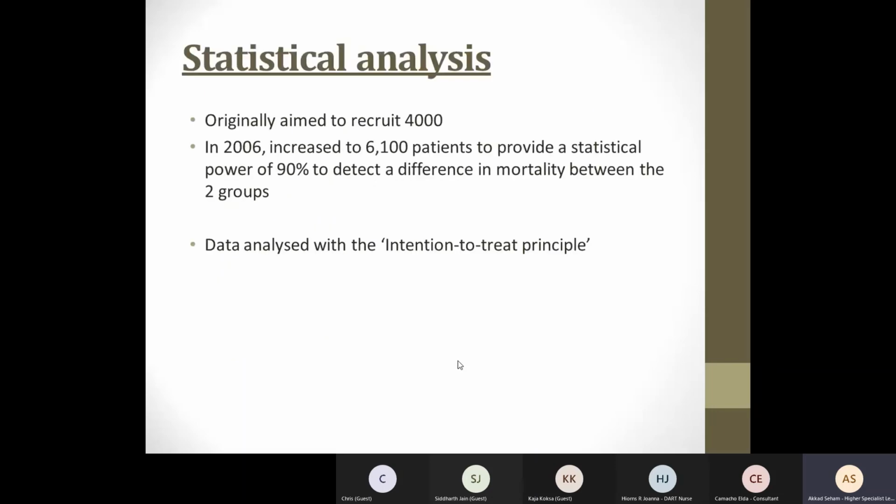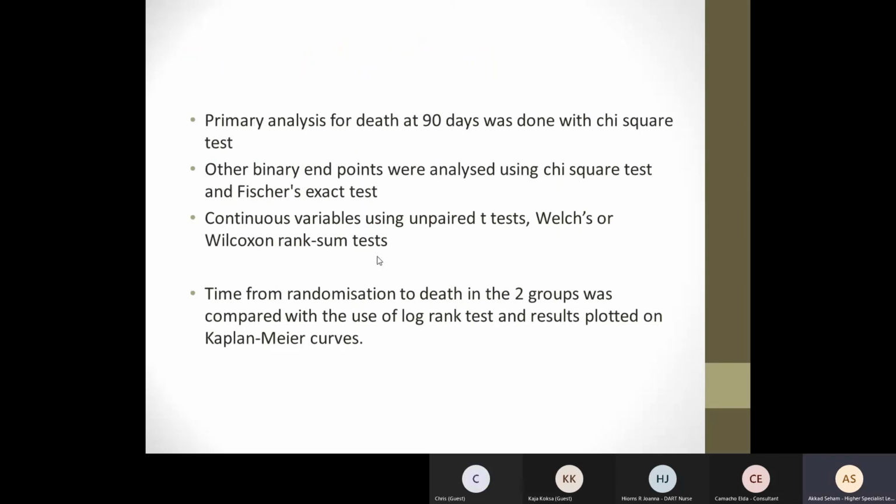So they initially aimed to recruit 4,000 patients, and then they increased it to 6,000 patients to make sure that they had enough statistical power to be able to see if there was any statistical significance. And the data was all analysed with the intention to treat principle. They looked at the primary analysis using chi-square test, and they also used other endpoints with chi-square test and Fisher's exact test.